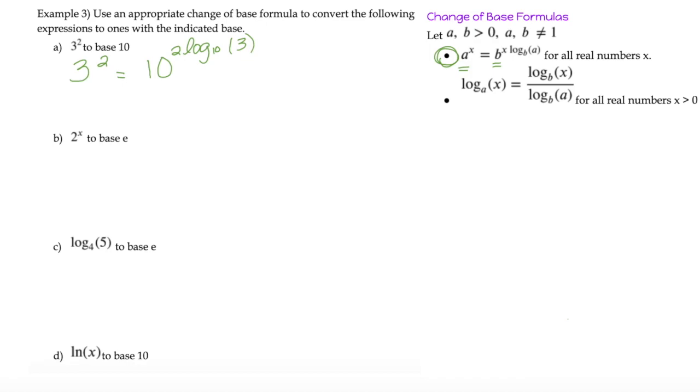And that's it. This is the result. So I just changed it from a base of 3 to a base of 10.